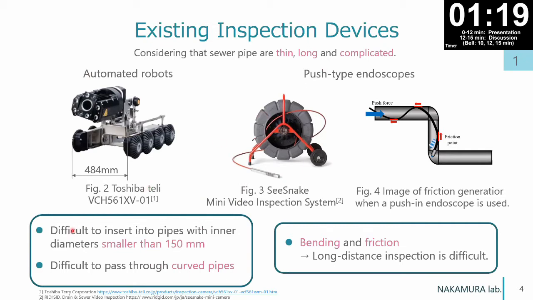Automated robots have difficulty inserting into small diameter pipes and have difficulty passing through bending pipes due to their high rigidity. In addition, as shown in figure 4, the push type endoscope causes friction in the bending pipe, which increases the force required to push in. So it cannot conduct long distance inspection.